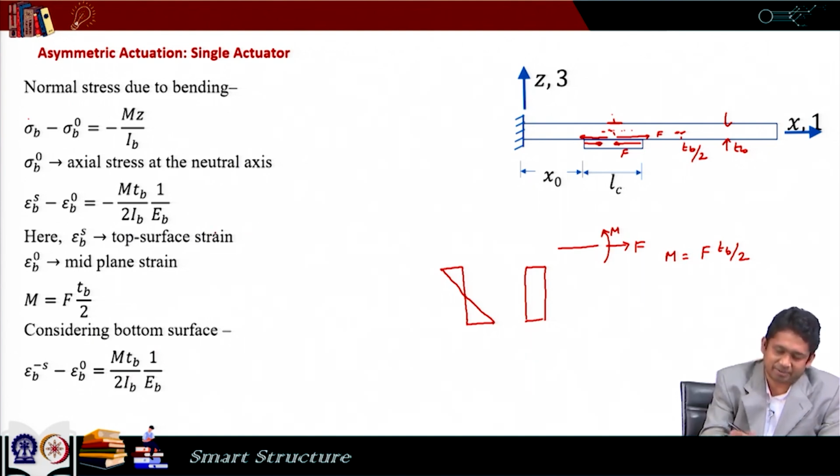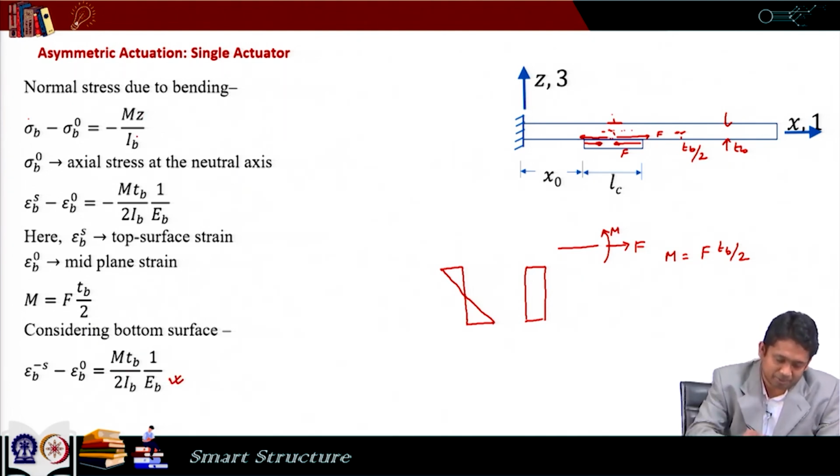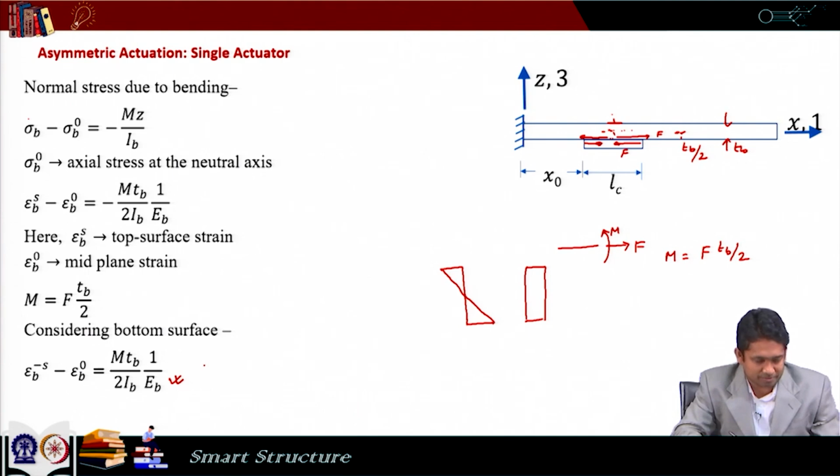Similarly, if I want to get it at the bottom surface, then I replace z by minus Tb by 2 and we can get the strain here. So, the bottom strain, as can be seen, is this. After replacing z by minus Tb by 2, we get this expression, and here minus S denotes the bottom surface. So, this is my strain at the bottom surface.